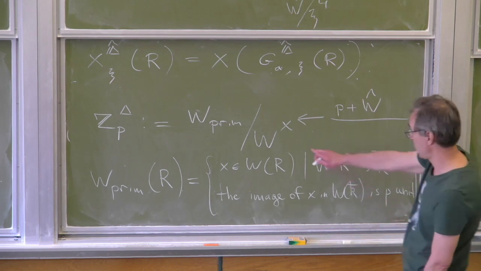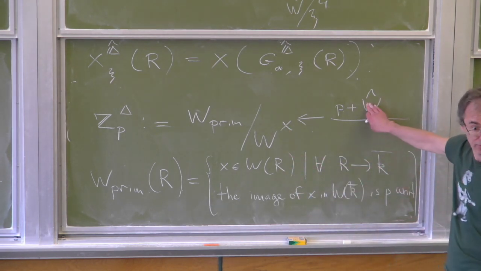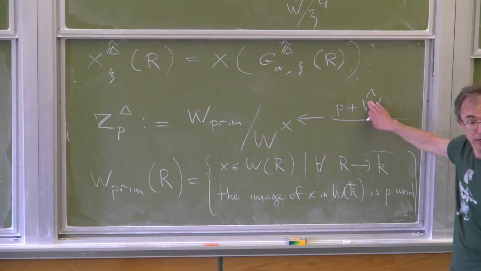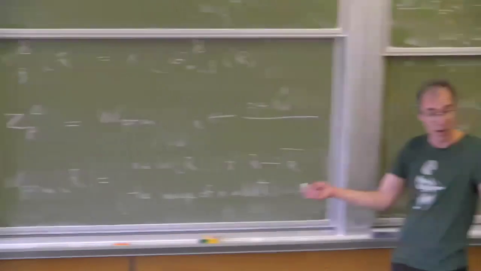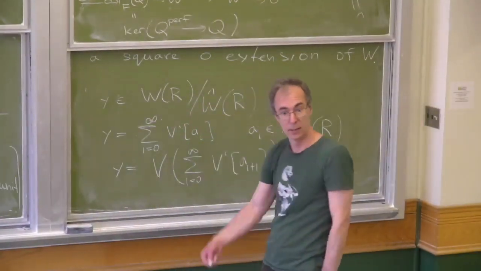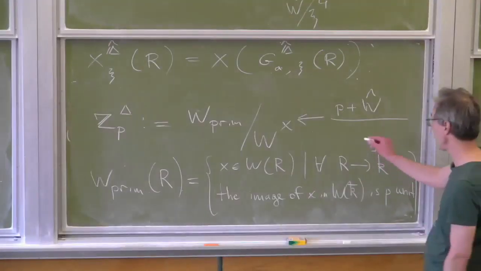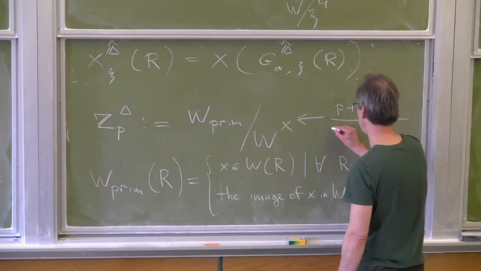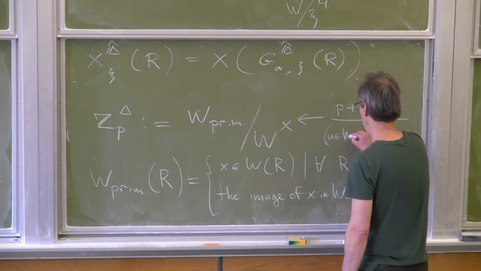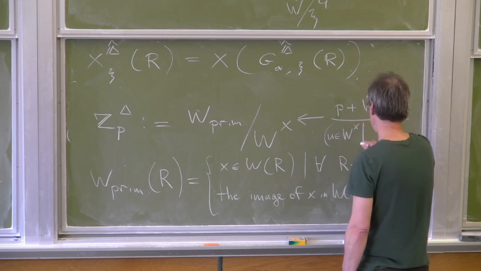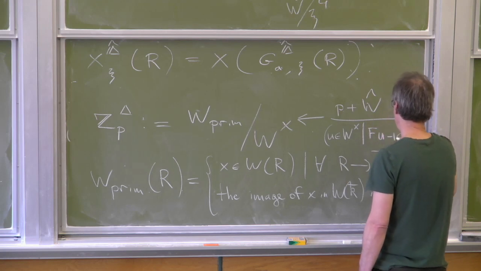Well, unfortunately, this group W cross does not act on the set of strongly primitive bit vectors. If you take this bit vector and multiply it by an arbitrary unit, it need not have this form. But let's see what acts here. You can consider the group of all U in invertible bit vectors with the following property: F(U) minus 1 is in W hat.